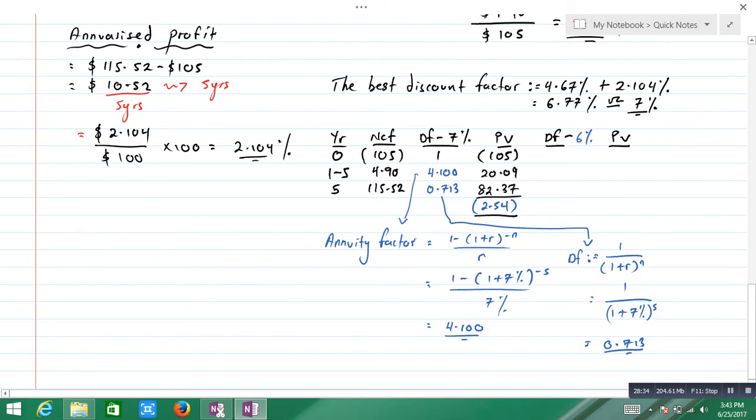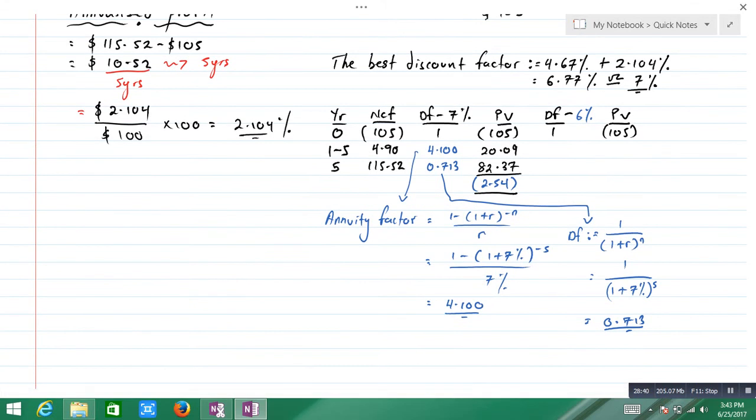That will give you over here 4.212, 0.747. Check it out. And then it will give you 20.64, 86.29.